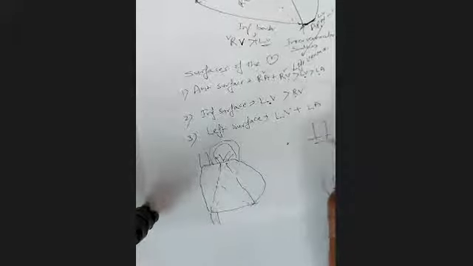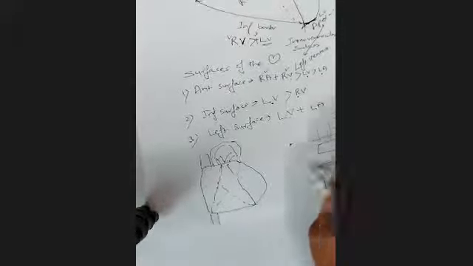On the posterior aspect, we see the two vena cavas like this. The main thing which we see is the base of the heart, where we see the four pulmonary veins coming in.